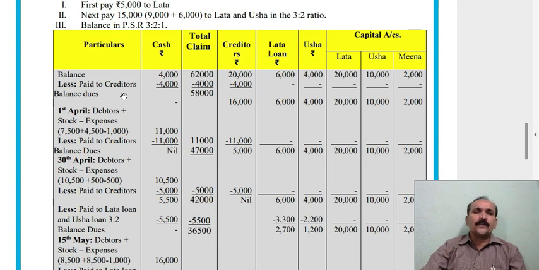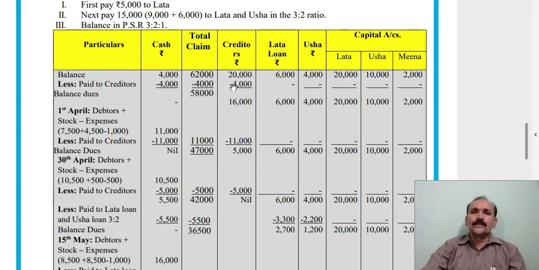As per the priority, we must pay 4,000 to creditors. Deduct 4,000 from creditors, from total claim also, and from cash available. Cash available balance is nil. After the deduction of 4,000 from 62,000, the balance is 58,000 as remaining total claim.